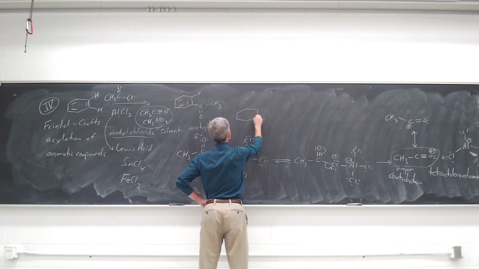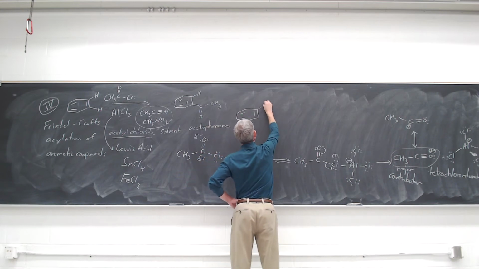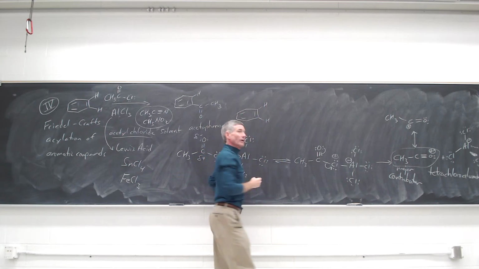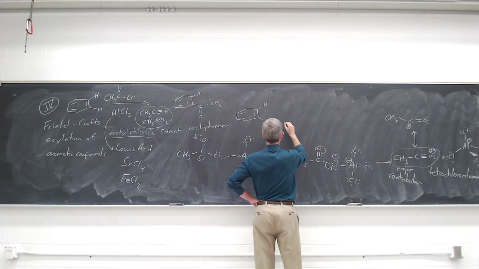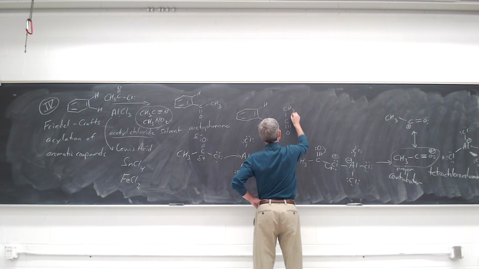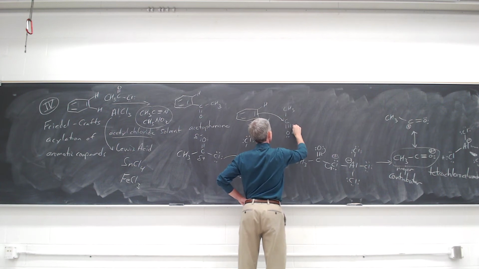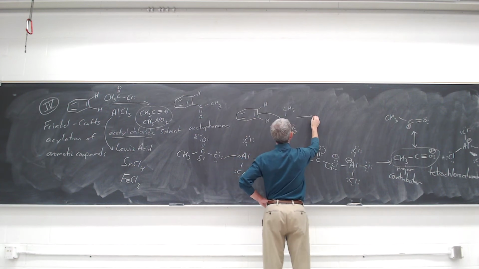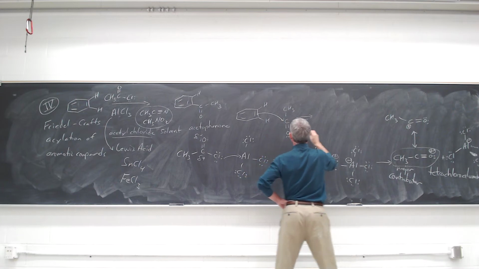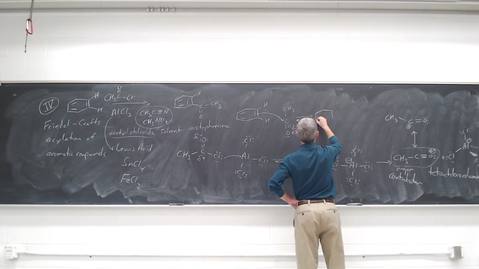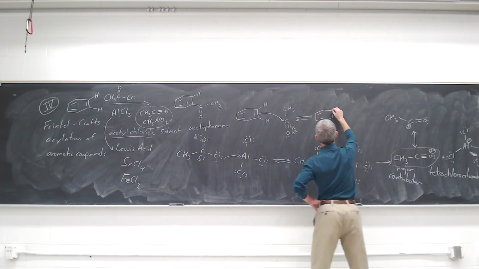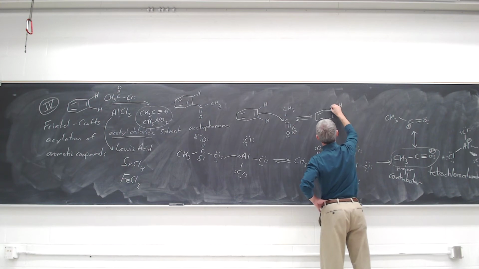Once you have the electrophile, the acylium ion, electrophilic aromatic substitution is a relatively simple reaction. It's just 2 steps. It's the electrophile being attacked by the pi bond, and that breaks the aromaticity of the ring temporarily.